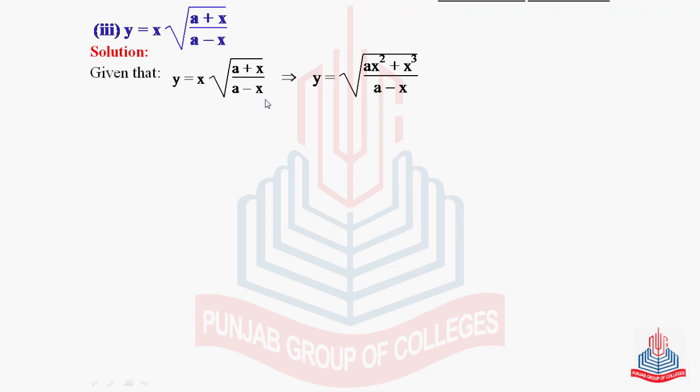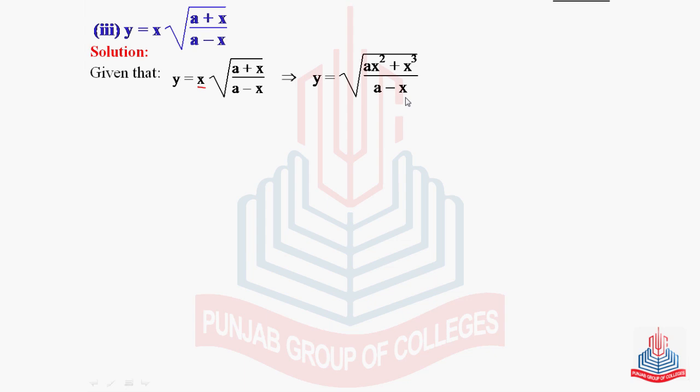So when we shifted this x into this power, that will become square of x, and now multiply by a plus x, that will become ax square, plus when x square is multiplied by x, then that is actually x cube, and the denominator will be as it is.